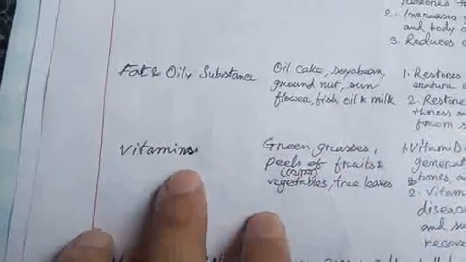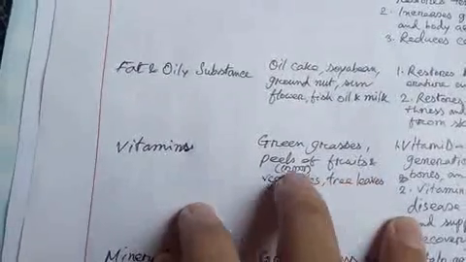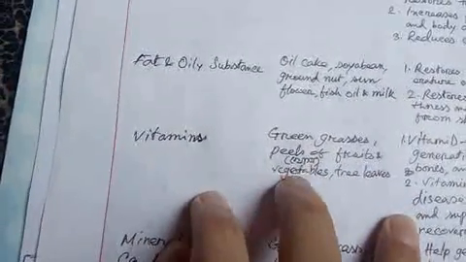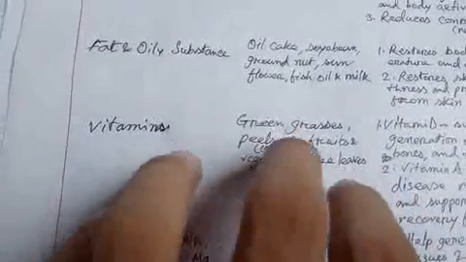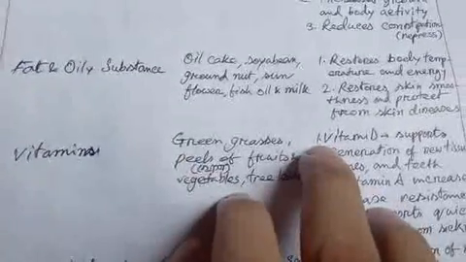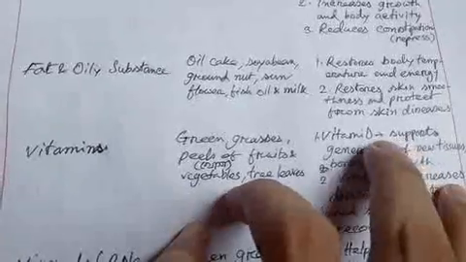Okay, vitamins. Okay, green grasses, peels of fruits. Peels means cover, that is kosha in Bangla, and vegetables, tree leaves. Okay, from there we can get vitamins for animals. So number one function is vitamin D. What does it do?